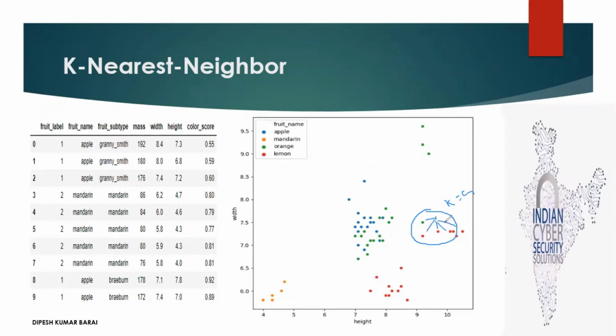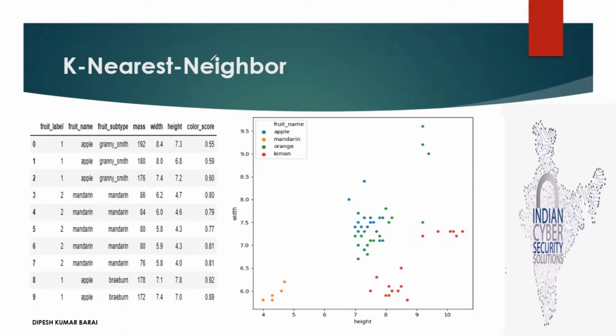The majority of the data points are lemon, so we can predict that the point is a lemon. The problem is that if we take k as 1, there may be a chance of overfitting because there is noise in the data.